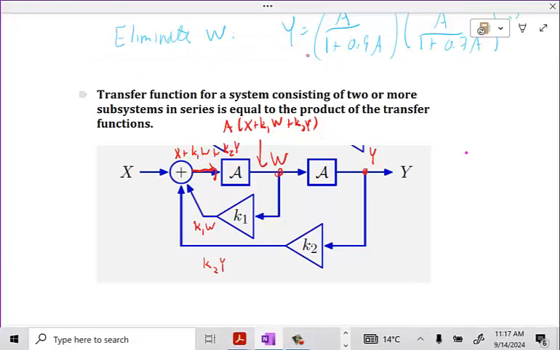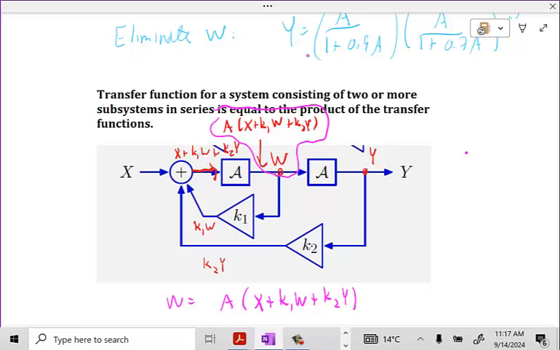I'll circle it. I equate these two. So that gives me W equals A times X plus K1W plus K2Y.